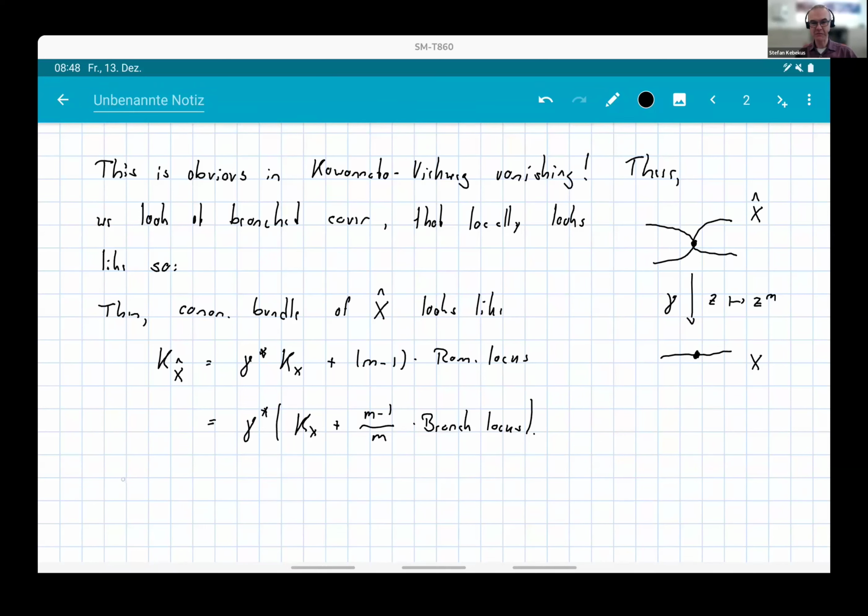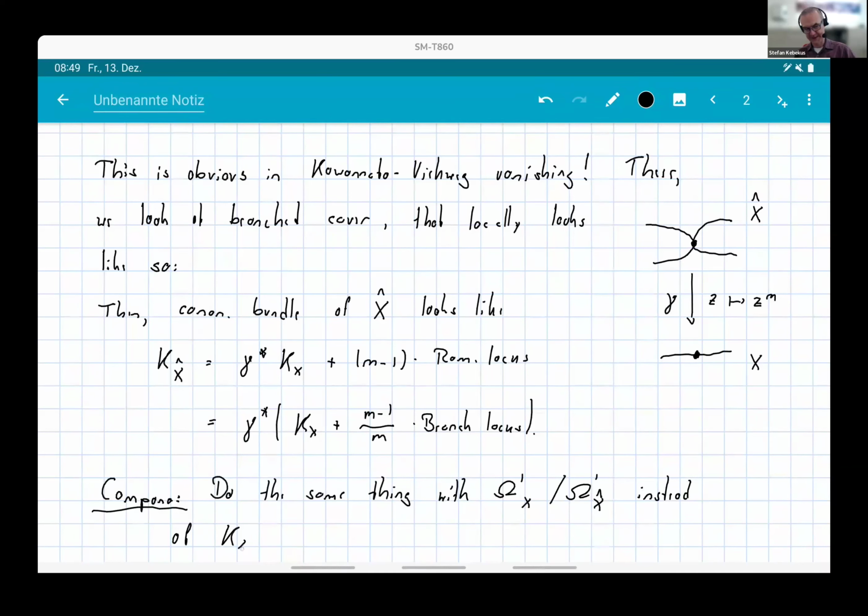Right. And Campana pairs is trying to do the same thing. Is trying to do the same thing with omega 1, with omega 1 of X hat instead of K_X.